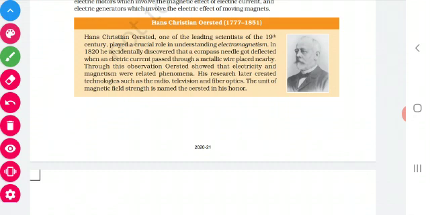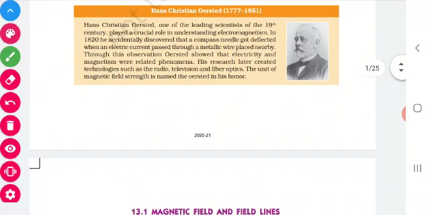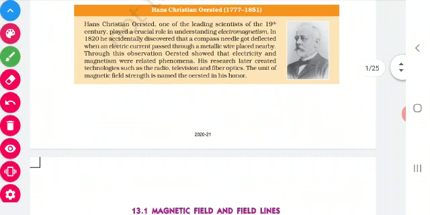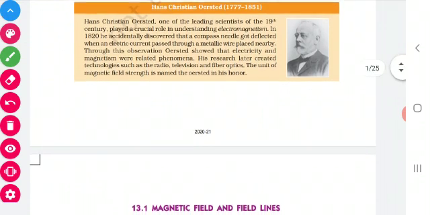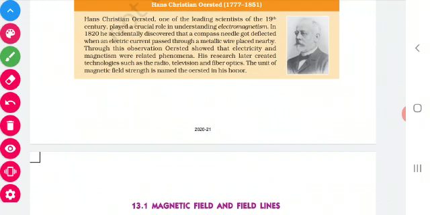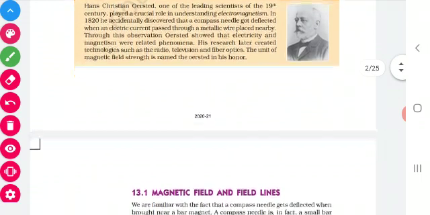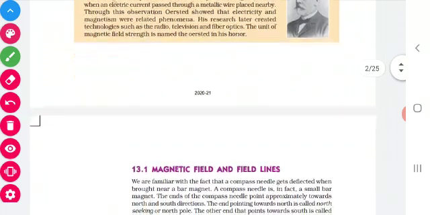That is called electromagnetism. His invention developed many technologies such as radio, television and fiber optics. To honor him, the unit of magnetic field strength is named Oersted.